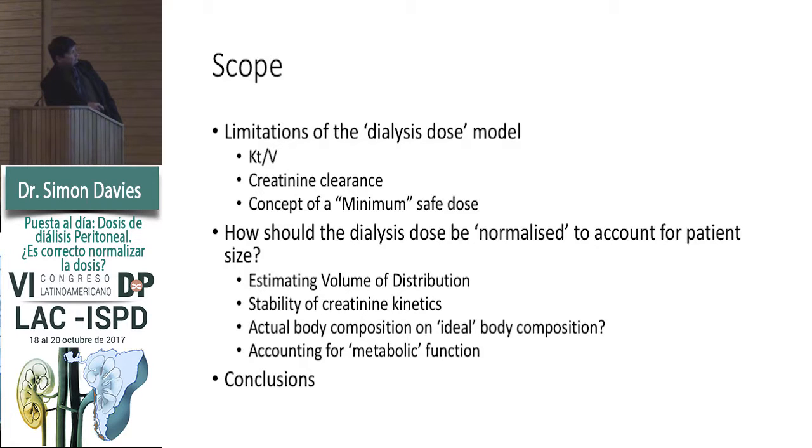But when we're talking about normalization in particular, I'll be discussing the difficulties associated with estimating the volume of distribution, the V in the Kt/V, and the problems associated with creatinine kinetics. They're not completely an answer to this solution. We'll also talk about ideal body composition and also account for what we call metabolic function, and whether that needs to be accounted for when we're thinking about dialysis dose. I'll then try to draw some conclusions.